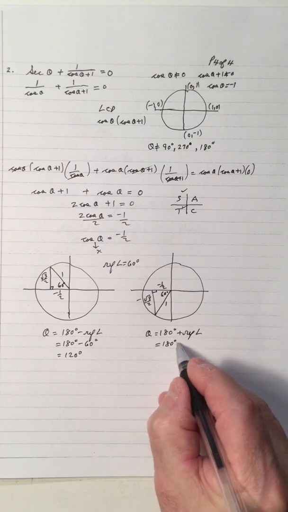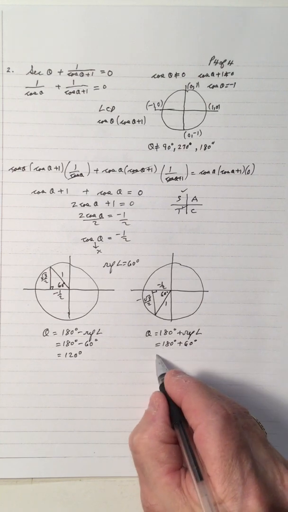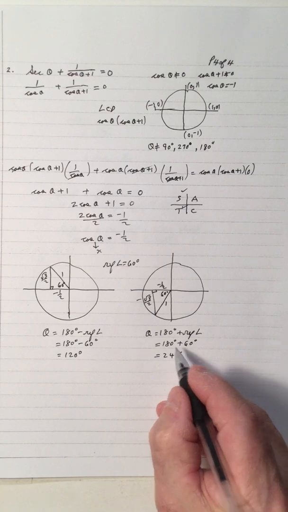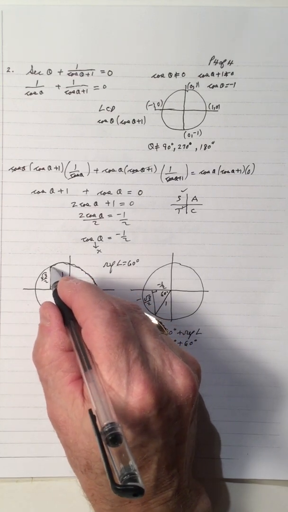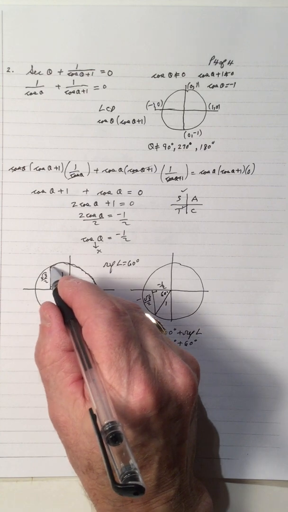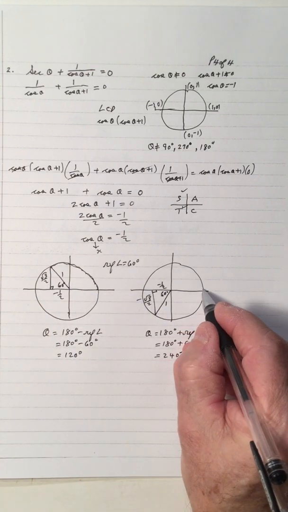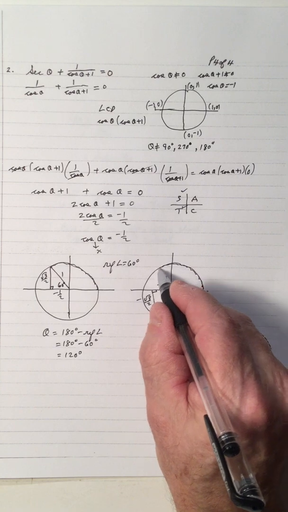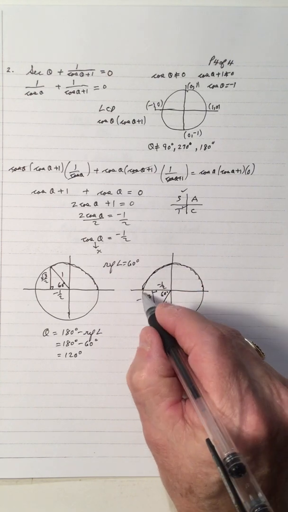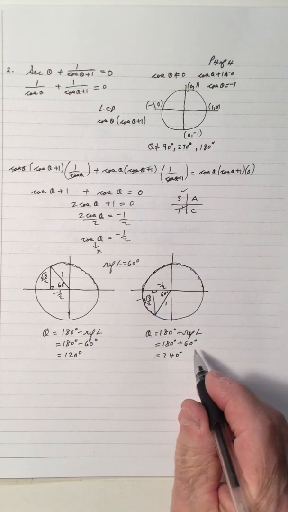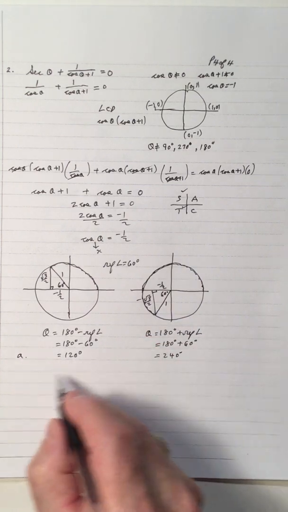So it's 180 plus 60, which is 240. And again, note, there's theta in the second one. So all the way over is 180, come back 60. And right here is all the way around. There's 90. Here comes 180. So it's 180 plus the reference. And that's A, that's in degrees.